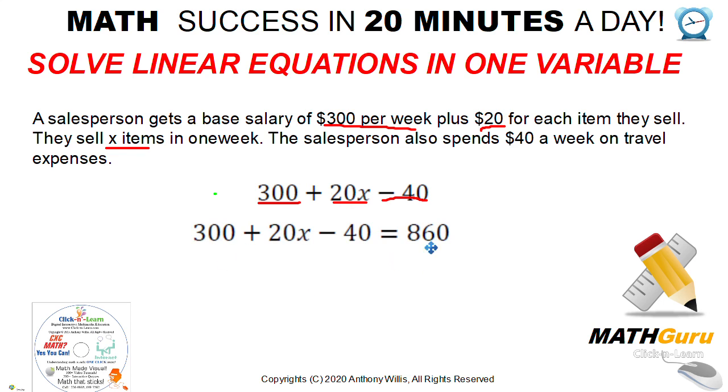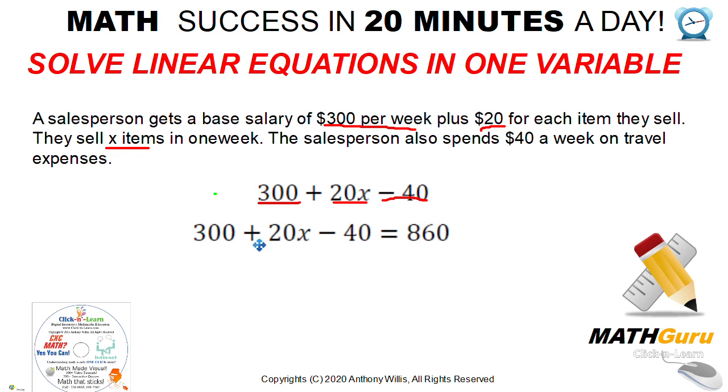We can then solve this equation to determine how many items the salesperson sold last week. When this equation is solved, the solution is x is equal to 30.